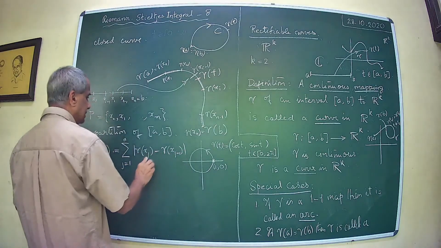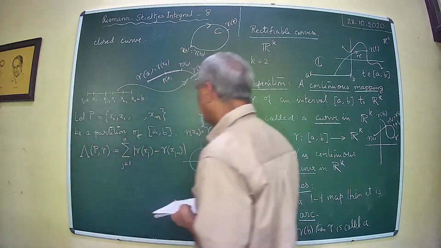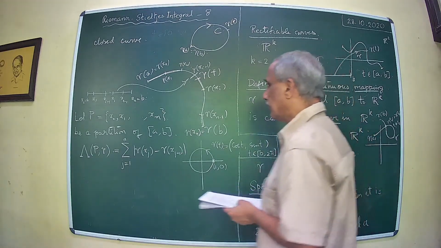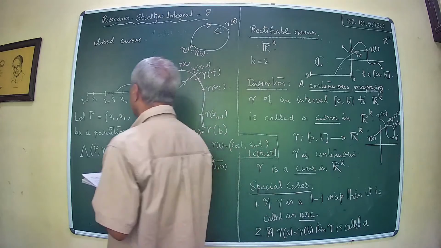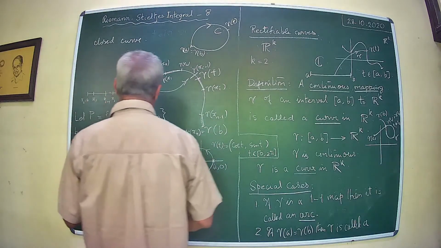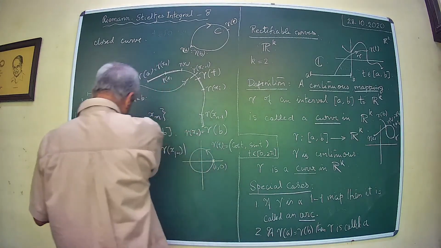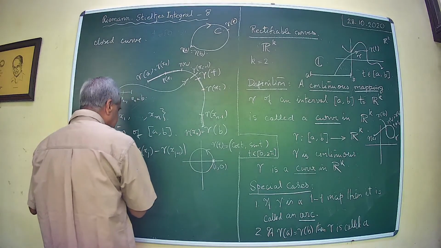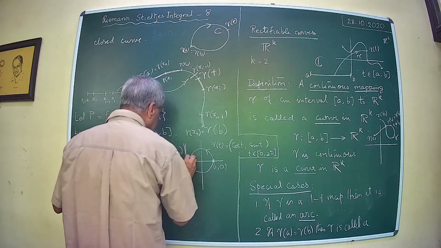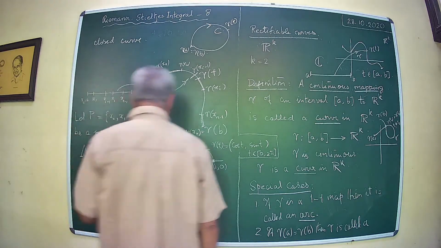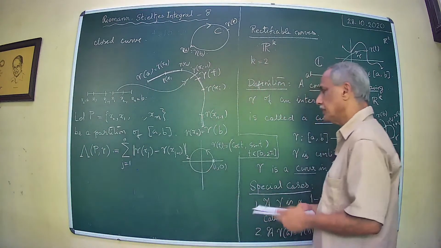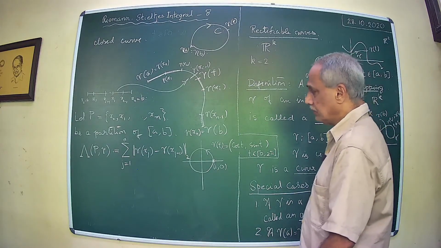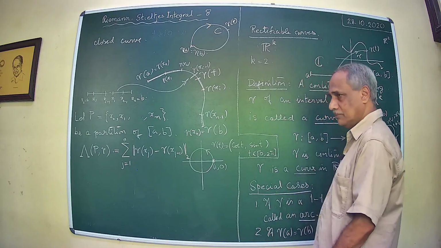Both are vectors: gamma xj is a vector in R^k, gamma x(j-1) is a vector in R^k. So we are in R^k, and for clarity I write this as the two-distance between the points gamma x(j-1) and gamma xj.